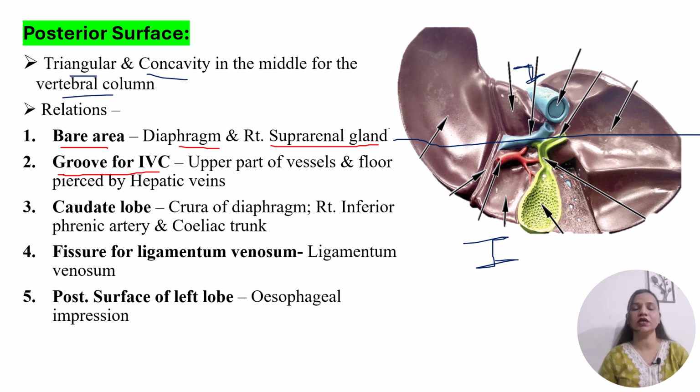So obviously it is related with the inferior vena cava, particularly with the upper part of the vessel, and the floor of this groove is pierced by the hepatic veins.